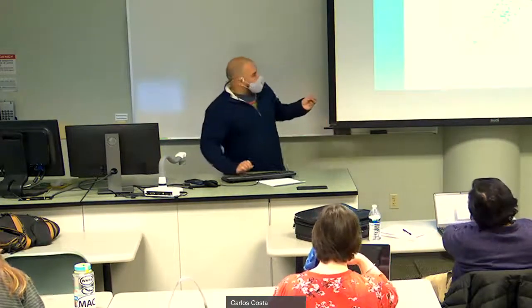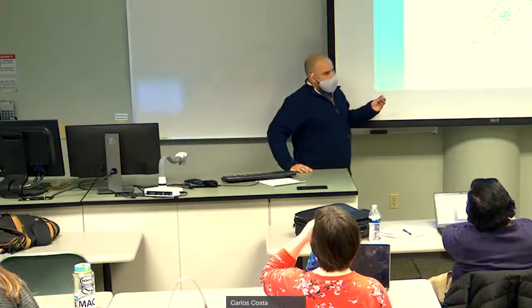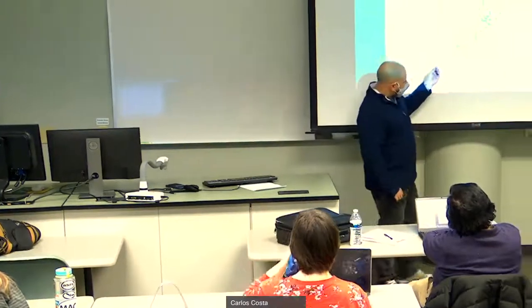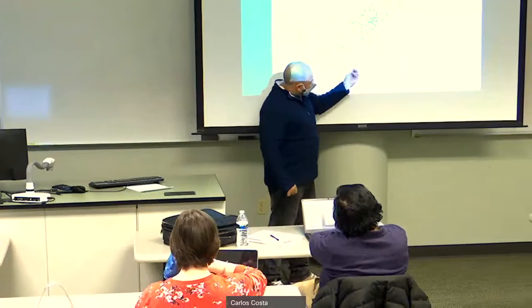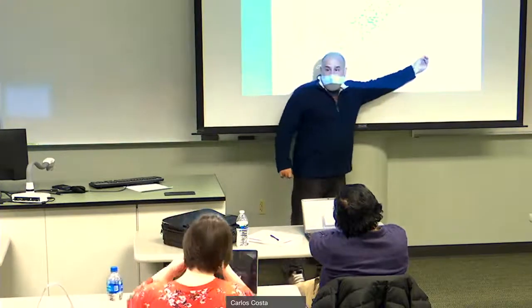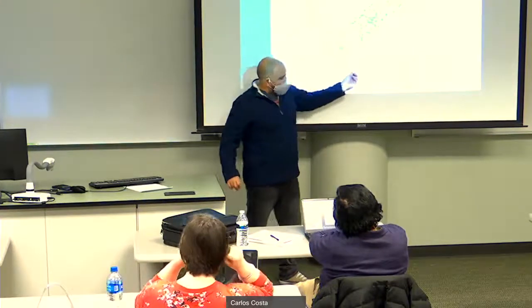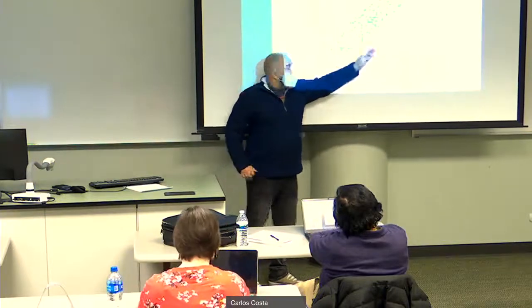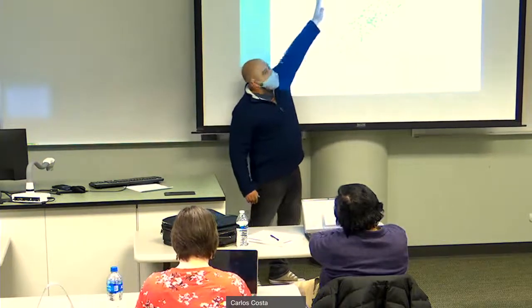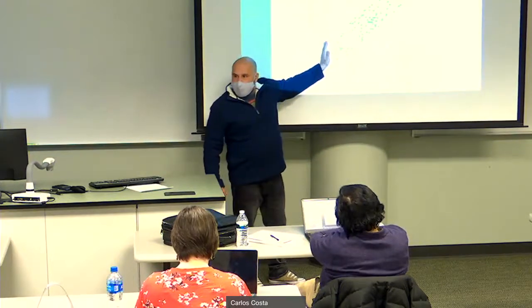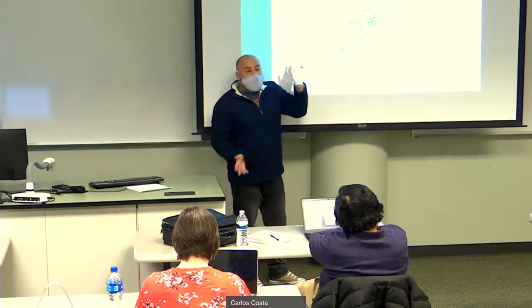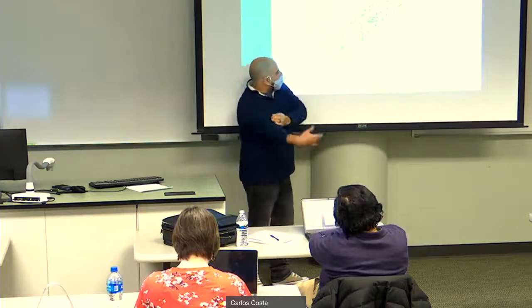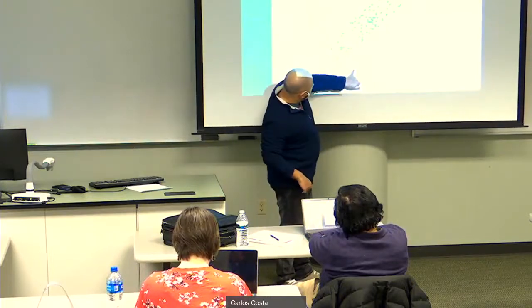This is a very imprecise relationship, meaning as the values of X, your independent variable, increase, the values of your dependent variable also increase. But they increase all over the place, meaning here you have 40, right?